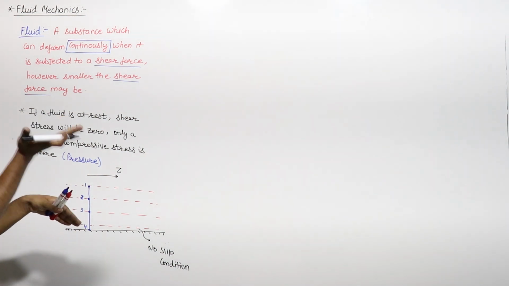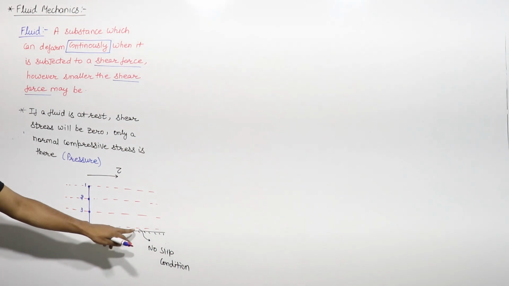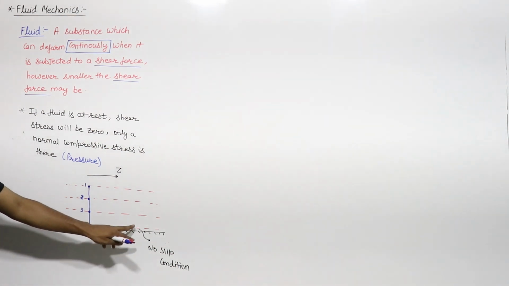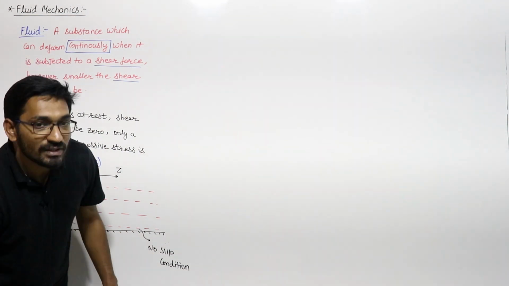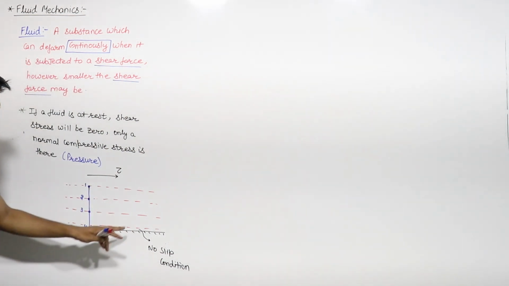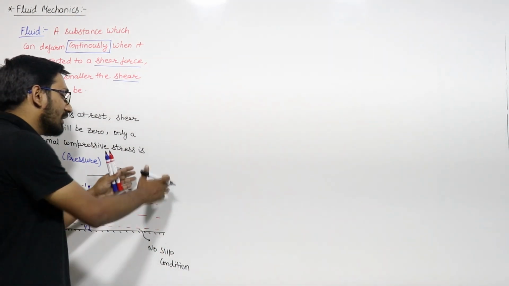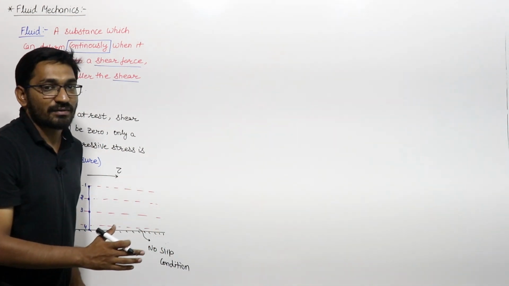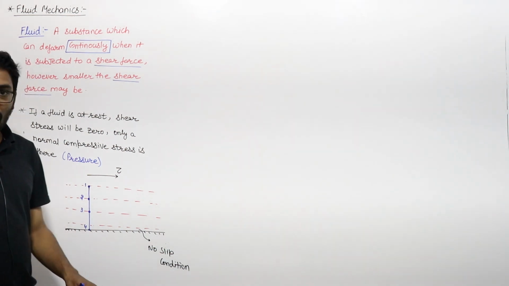So if the solid boundary is at rest, then the fluid layer in contact with it is at rest. If this solid boundary is moving with 5 meters per second, then this layer is also moving with 5 meters per second, irrespective of the velocity of other fluid particles. So this is known as the no slip condition.